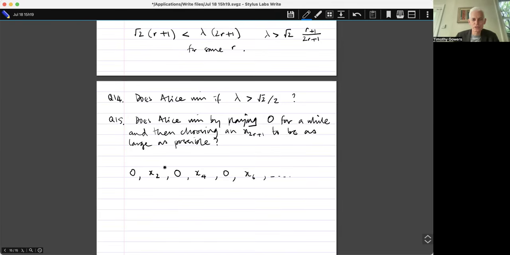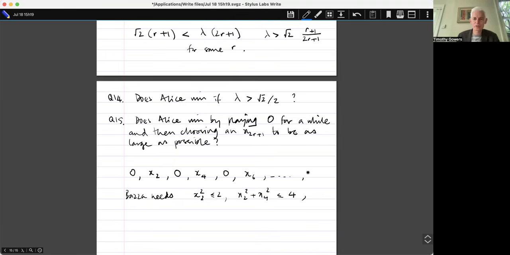So what conditions must Bazza's numbers satisfy in order to defeat this strategy, and also to be consistent with the rules of the game? So Bazza needs x2 squared less than or equal to 2, x2 squared plus x4 squared less than or equal to 4, and so on.